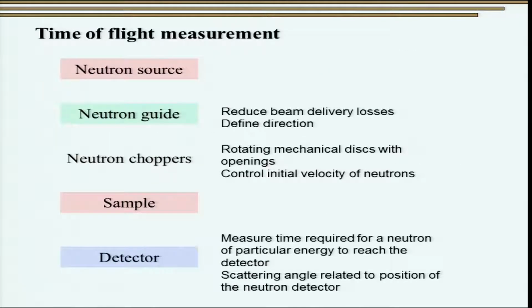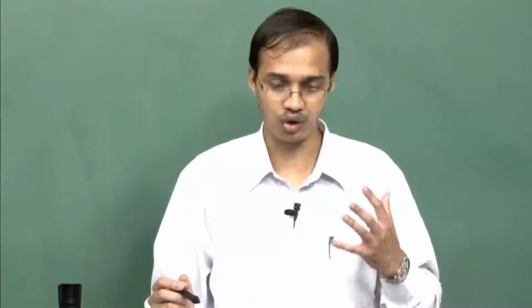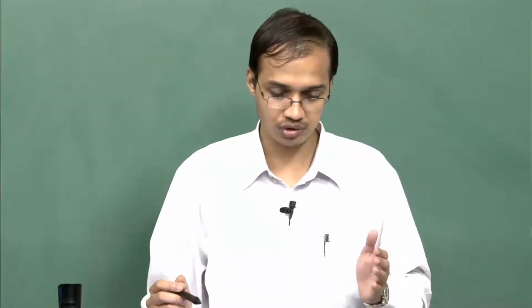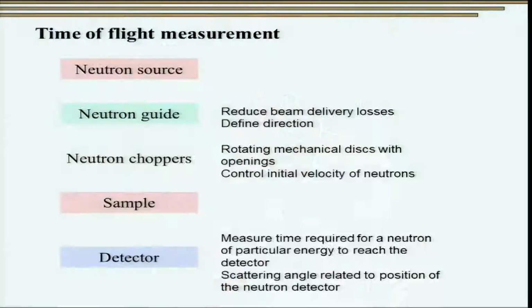So, let us talk about the optics. We have seen the source. Now, we have what are known as neutron guides. What do the neutron guides do? Essentially, they reduce the beam delivery losses and ensure that the neutrons are traveling in a particular direction. Then we also have what are known as neutron choppers.